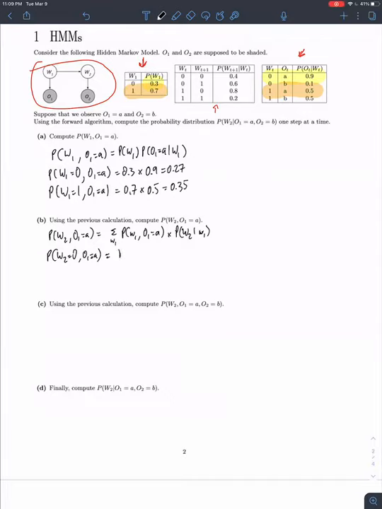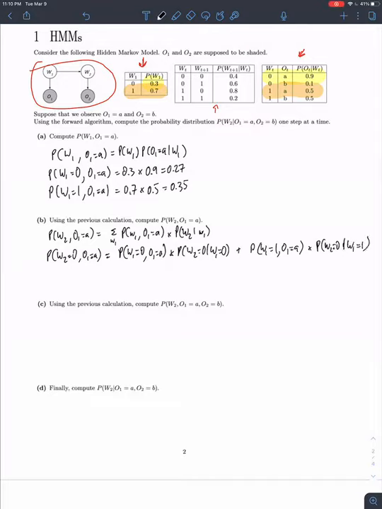Well, that's probability W1 equals 0, O1 equals A, times probability W2 equals 0 given W1 equals 0, plus probability of W1 equals 1 and O1 equals A times probability that W2 is 0 given that W1 equals 1.